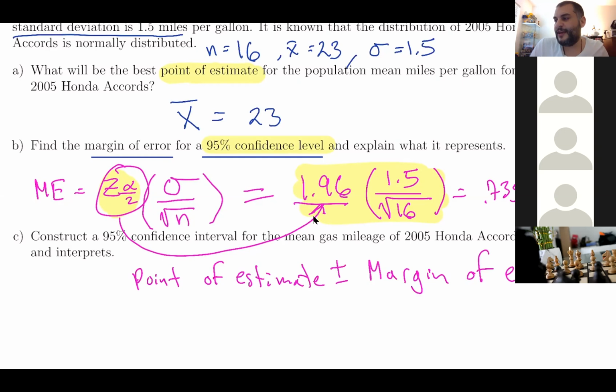For this one, if you remember, we already found both of these. We found the point estimate to be 23 miles per gallon, and we add and subtract the margin of error, which we just found to be 0.735. So the 23 comes from part A, the 0.735 comes from part B. Any question in regard to those so far, what I have in blue?